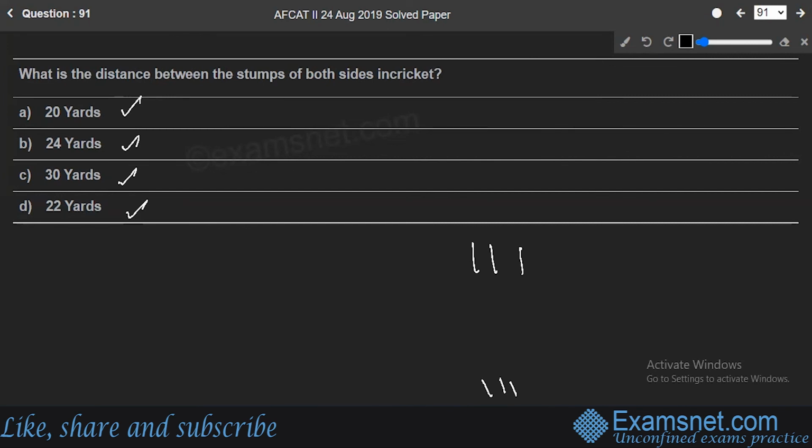They should be exactly opposite and parallel to each other at a distance of 22 yards, which is also equal to 20.12 meters between the centers of the two middle stumps. So you can clearly see the correct answer is 22 yards. Hope that's clear.